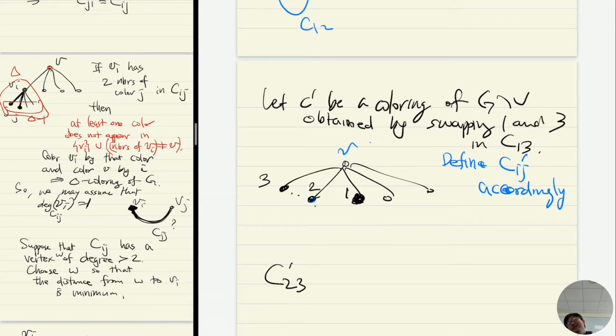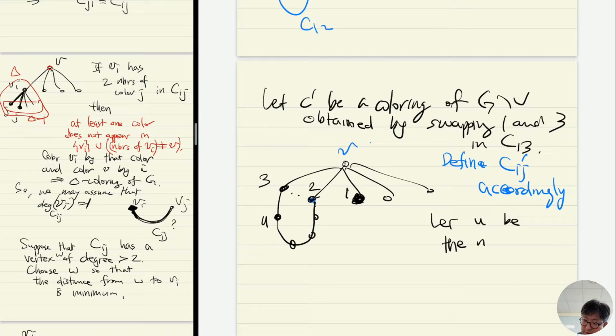And now I look at the neighbors of this vertex in this path. Let's call it U, the neighbor of V1, which is now V3 prime in C prime.